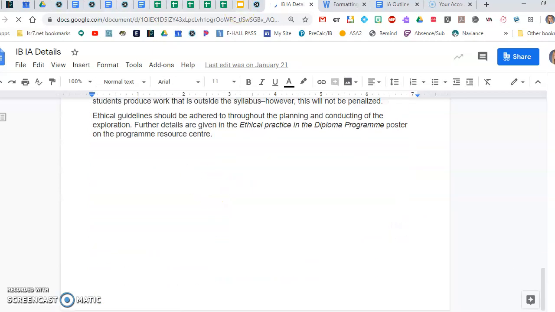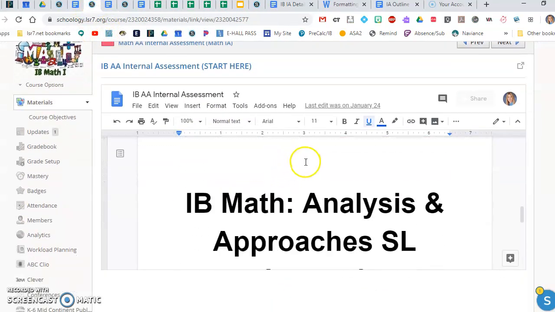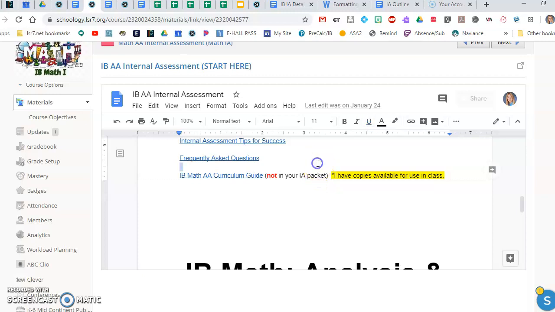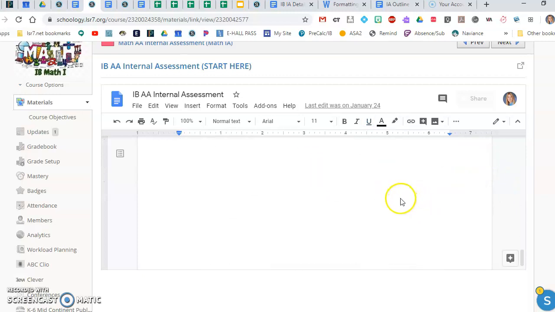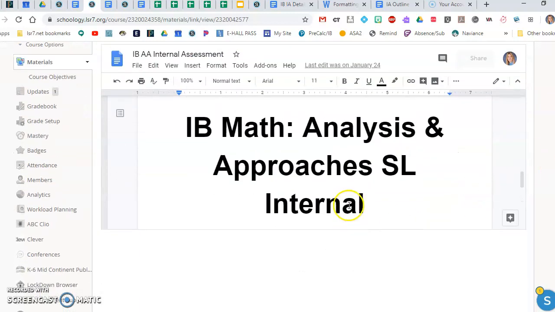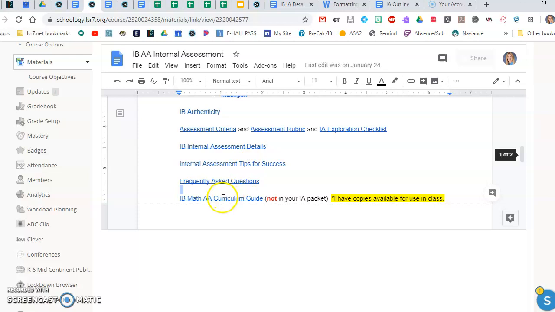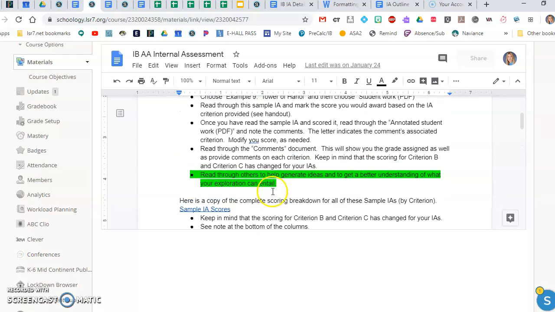It might be worth a minute or two to look there. Here's the title page of your packet, so that's what the front of your packet looks like. And then here's your curriculum guide, if you're trying to figure out what math curriculum it goes to. There are different pieces here, so definitely look through that.